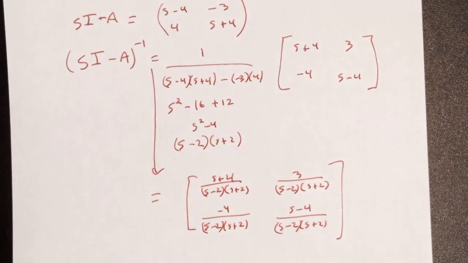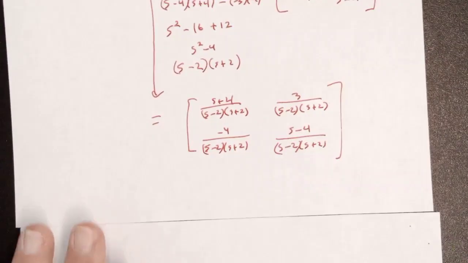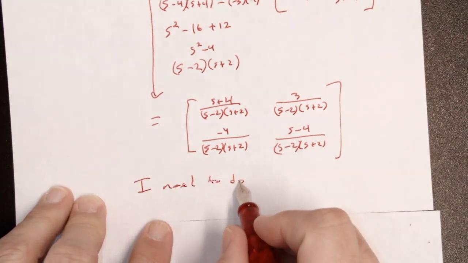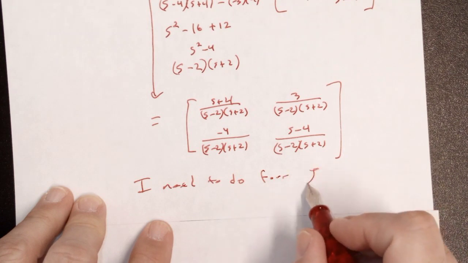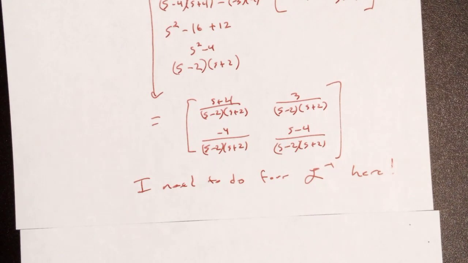That's the Laplace transform of the matrix I want, which really means I now have to do 4 inverse Laplace transforms. You know the downside of doing 4 inverse Laplace transforms here?